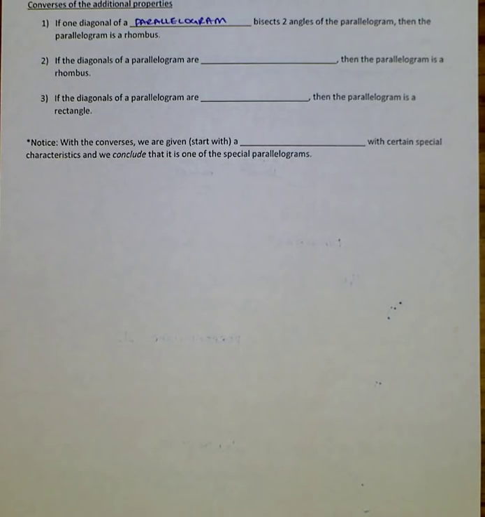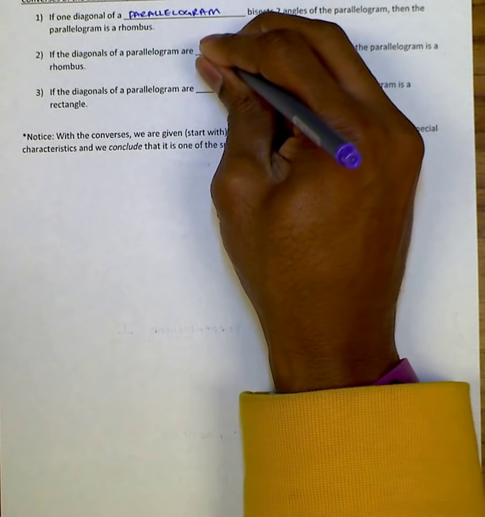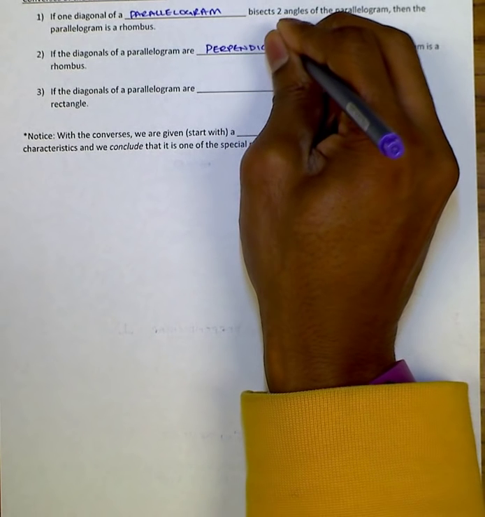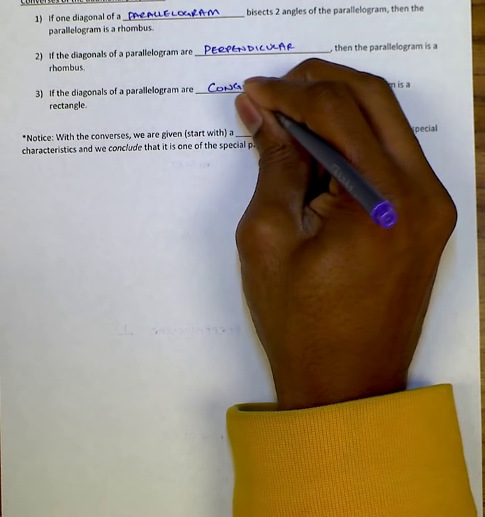If we see these additional properties which deal with the diagonals, then we will be able to tell which figure it is. If the diagonals of a parallelogram are perpendicular, then the parallelogram is a rhombus. And if the diagonals of a parallelogram are congruent, then the parallelogram is a rectangle.